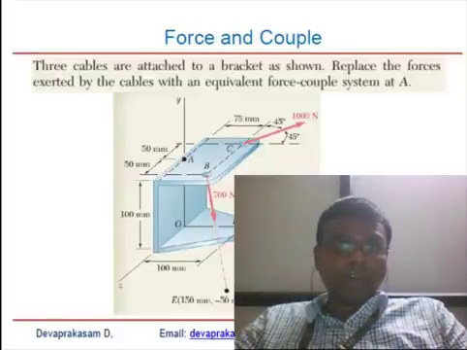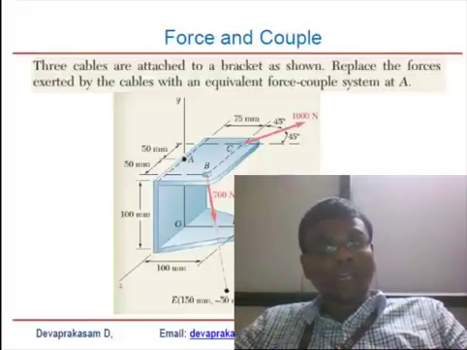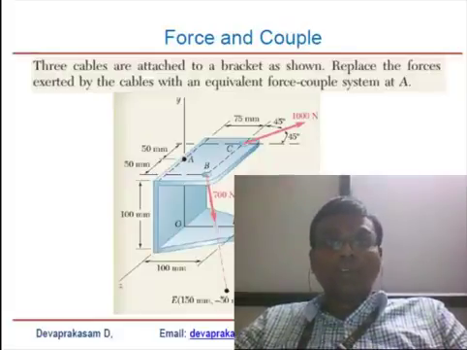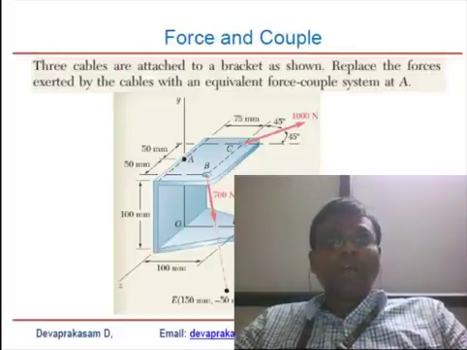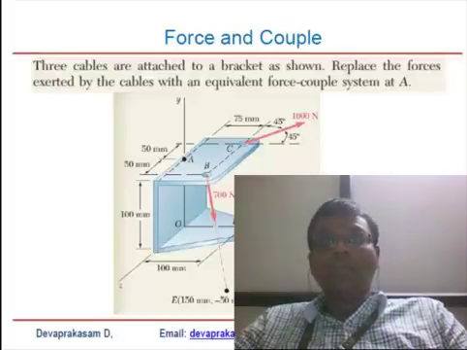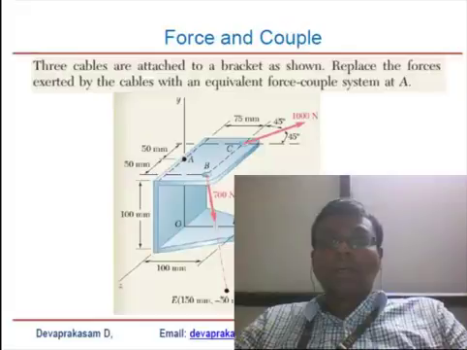If you see here, this is a force and couple problem. You see a bracket in three dimensions attached to a wall. There are cables which are also attached.